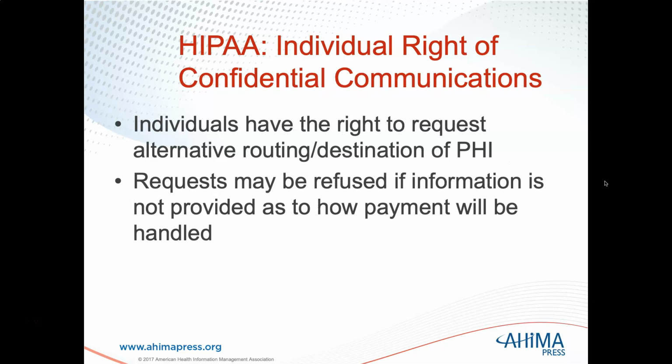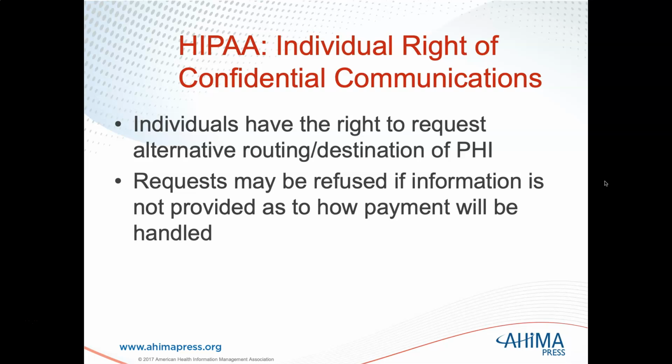Confidential communications. Yes, individuals have the right to request alternate routing or destination of PHI. So, for instance, let's say that someone comes in and they have something taken care of in the ED and they do not wish their insurance company to be billed for it.